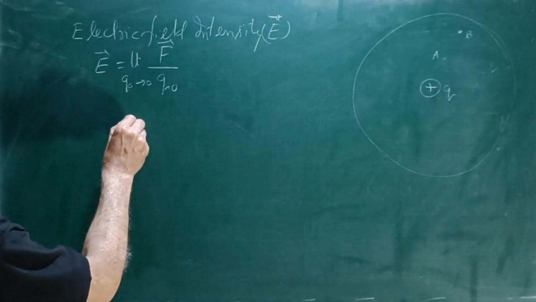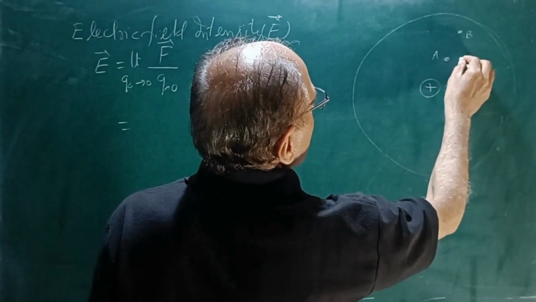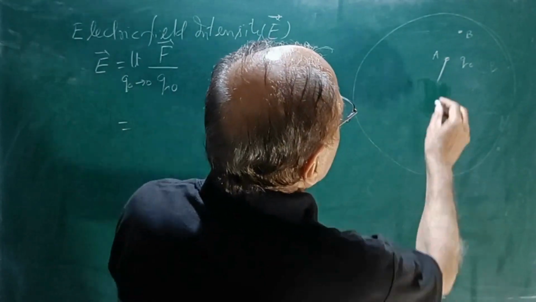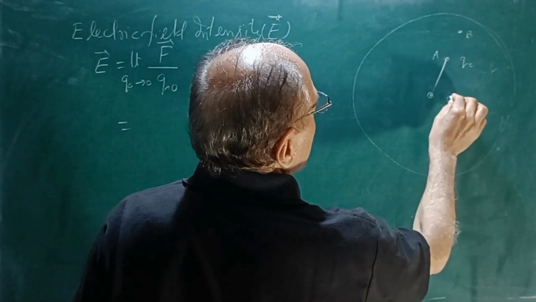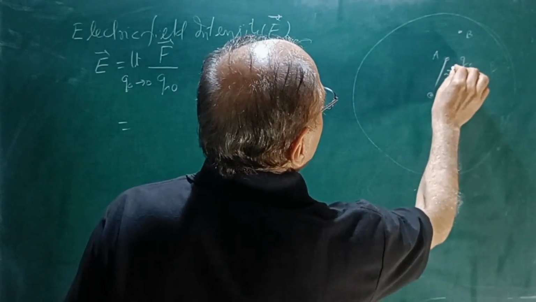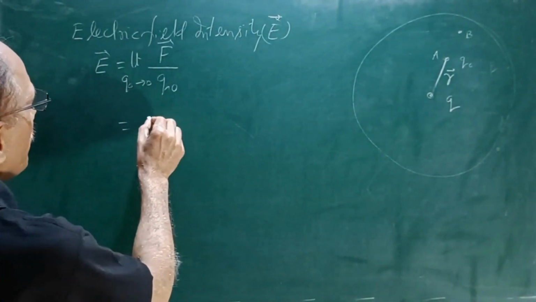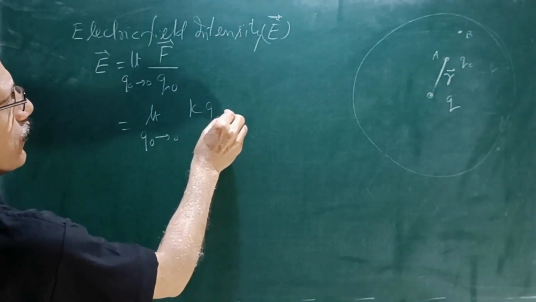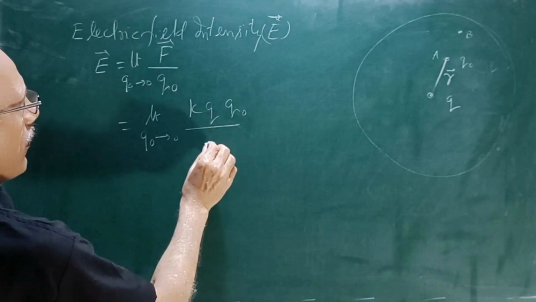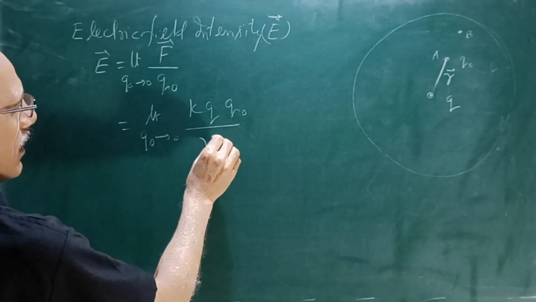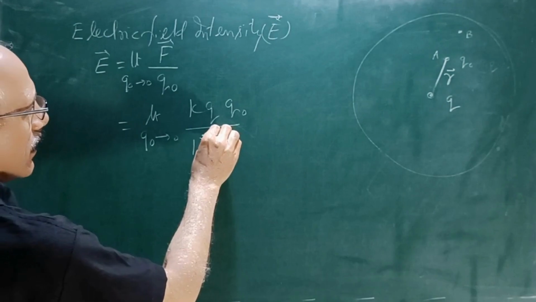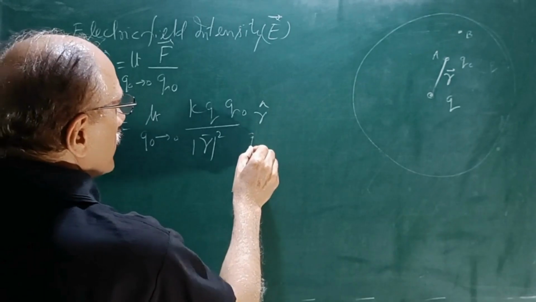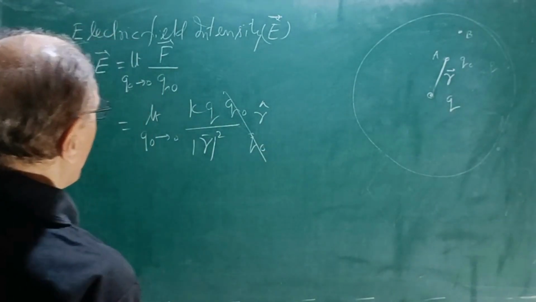If you bring a test charge Q naught here and the distance from this point charge is R, then it will be limit Q naught tends to 0, of Q naught upon mod R square, R unit vector, divided by unit charge, then that will cancel out.